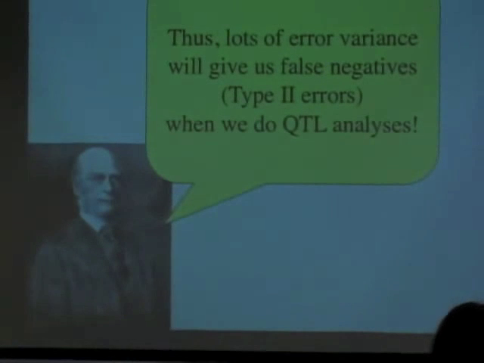But again, QTL is a bit of a fishing expedition, so I decided we'll just live with that. Okay. So, as I already just said, lots of error variance will give us false negatives, type 2 errors. When we do QTL analysis, we probably had lots of error variance.